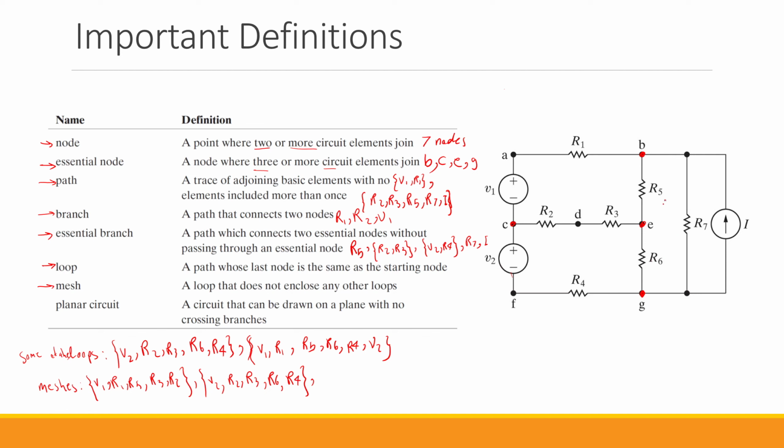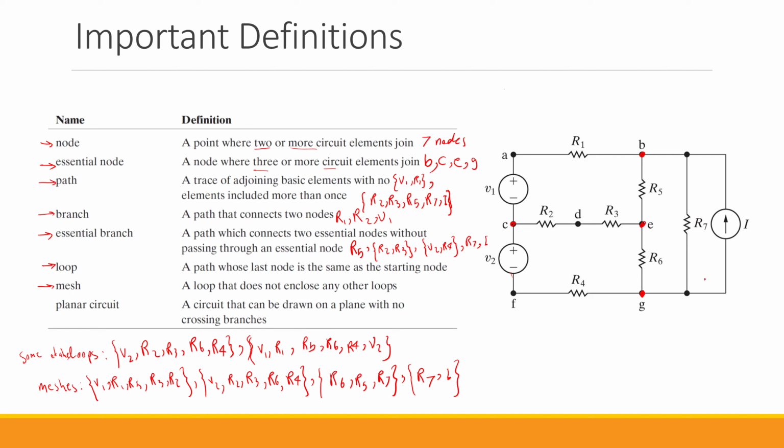What about R6, R5, and R7? Again, this is a valid loop. And finally, we can have a loop that contains R7 and I. As you can see, this is a loop as well, because you start from a point, you go around the loop, you end up at the same point, right?